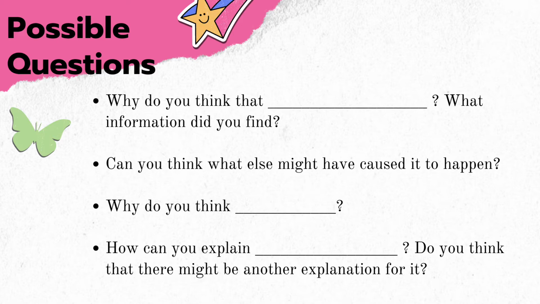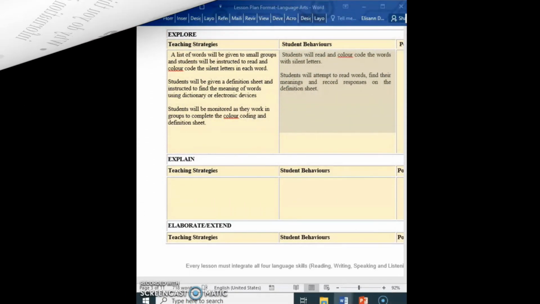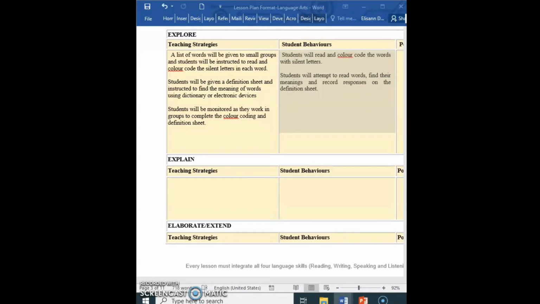So let's dive into designing the lesson and the activities that I will be engaged in. This is what I want to engage my students in. I will be, of course, displaying the rules because I want to teach students the concept.